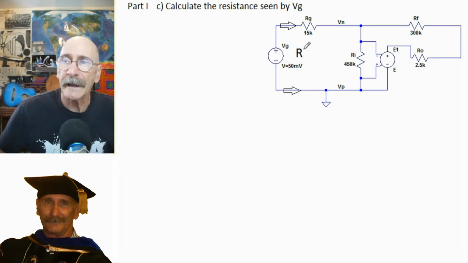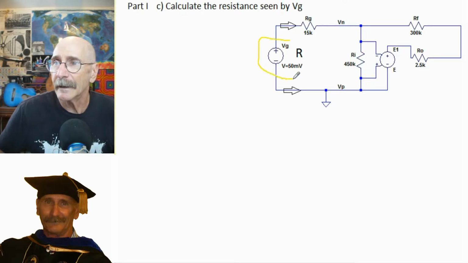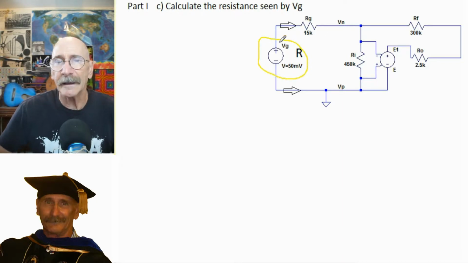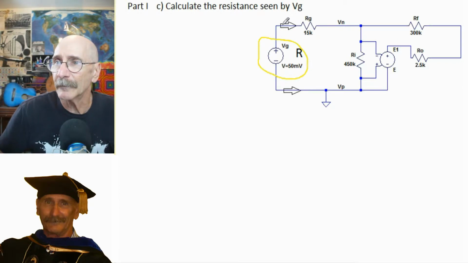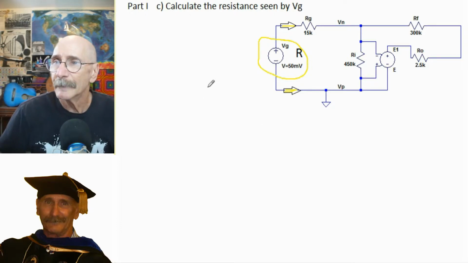So what we're looking at is where Vg is this right here, and it's kind of looking into the circuit. As you can see, I've got a couple of arrows drawn here, and these two arrows are saying, well, what resistance is it seeing, and how do we figure out how those resistances are worked out.